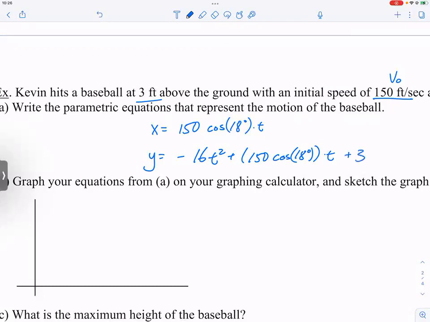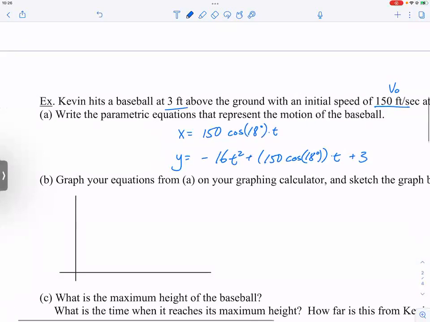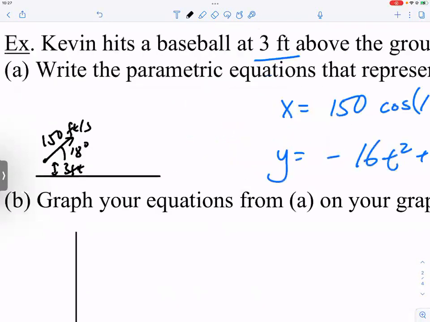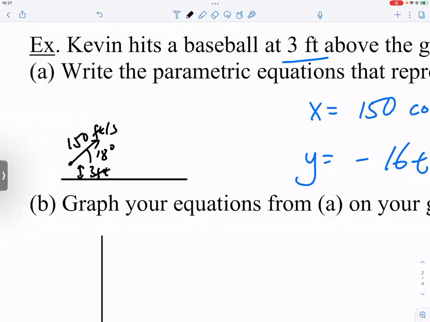And then plus 3. If I want to draw a diagram to illustrate what's going on here, this is the ground. This is the ball at 3 feet, and it's going to get hit at an angle of 18 degrees at a speed of 150 feet per second. That's a little diagram to show you what's happening to the baseball.